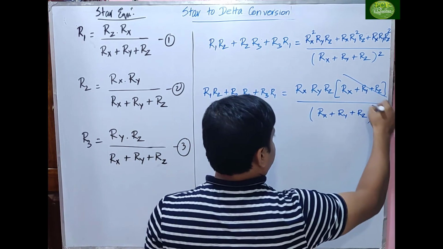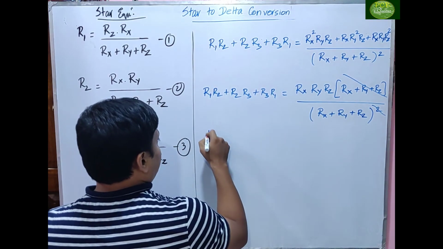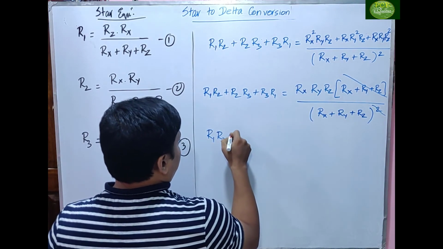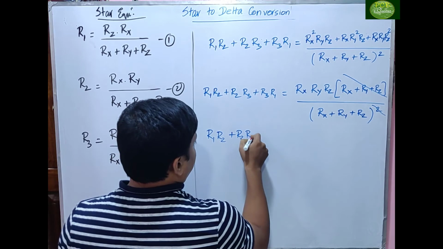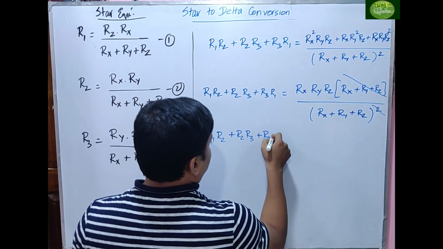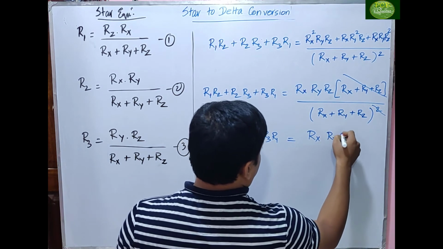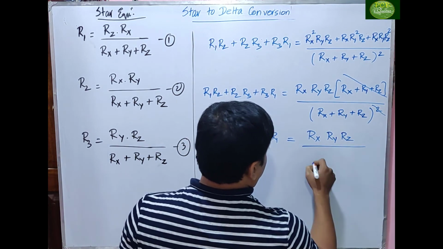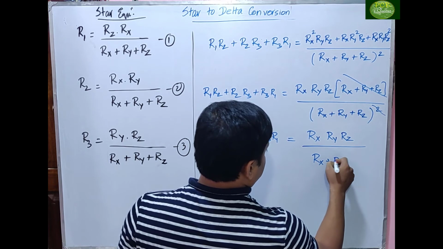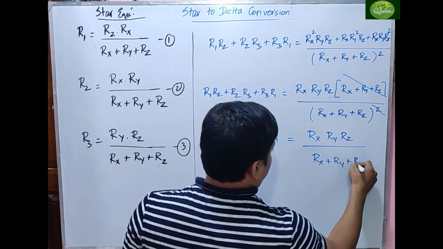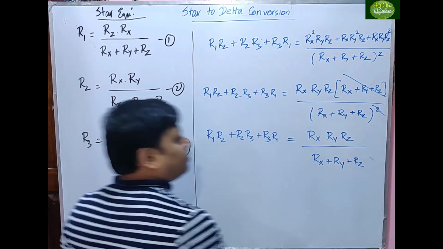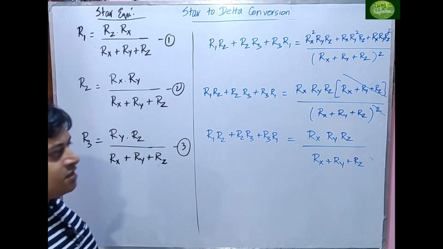So that term will be cancelled. Now we can write down R1 R2 plus R2 R3 plus R3 R1 equals to Rx Ry Rz divided by Rx plus Ry plus Rz. Fine. Till this much it is clear.